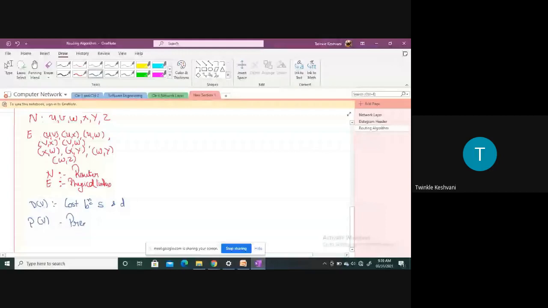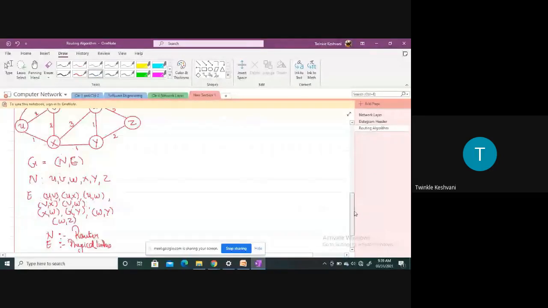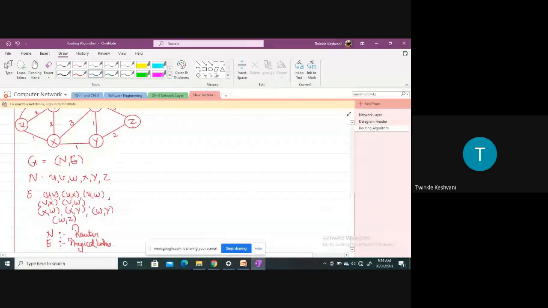That is, if I say that my destination is Z, then the node before it on the route I have used to reach the destination is the predecessor. Let's say I have taken this route U, X, Y and Z. So for this destination Z, my predecessor node is Y, right?